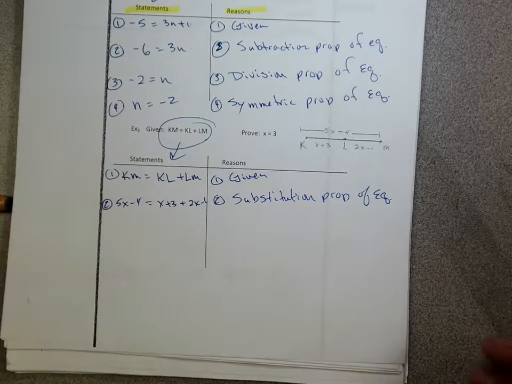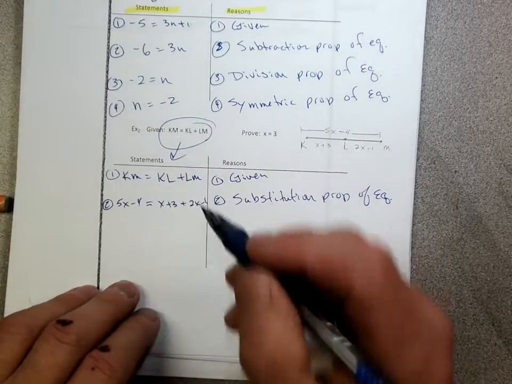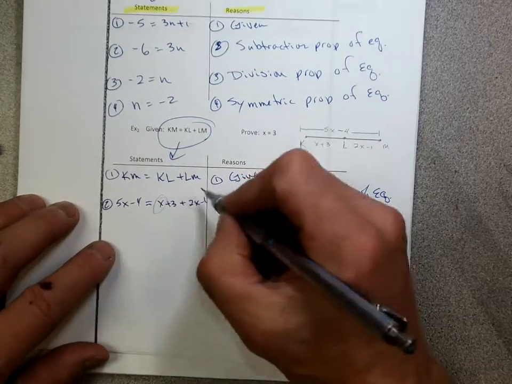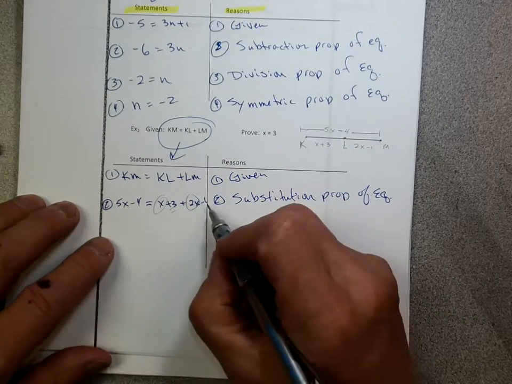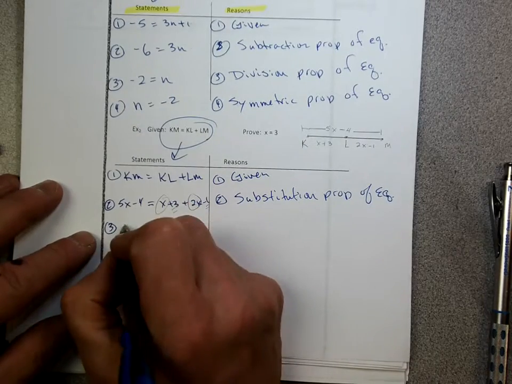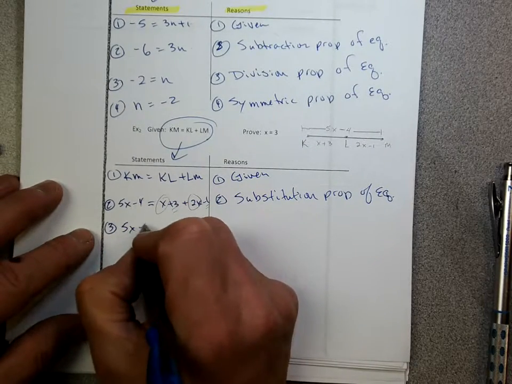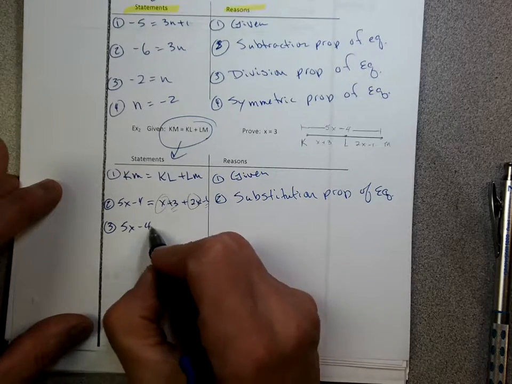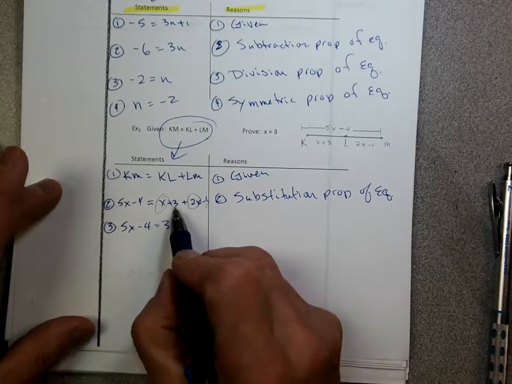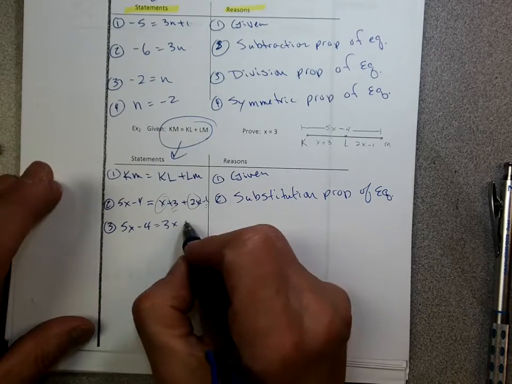Now I'm going to start solving, but before I solve, I'm going to tidy it up. Meaning I'm going to make sure I put the x and the 2x together. I'll put the 3 and the negative 1 together. So step 3, I'll put 5x minus 4, and then I will add x and 2x and make it a 3x. I will add a 3 and a negative 1 to make it a positive 2.